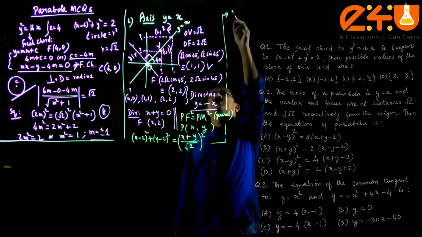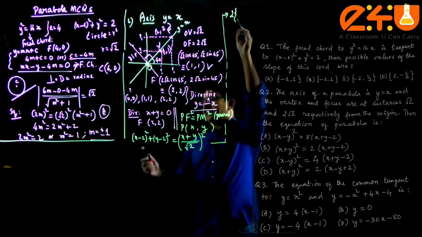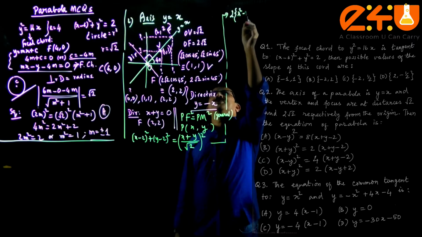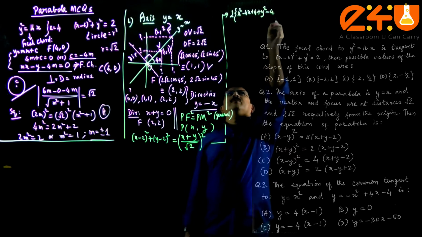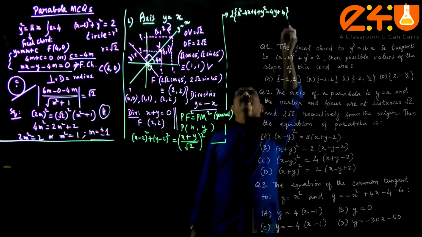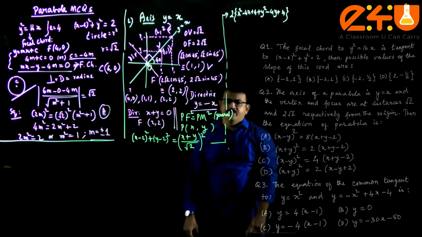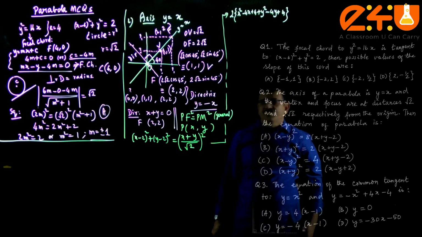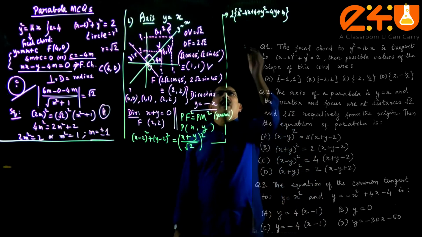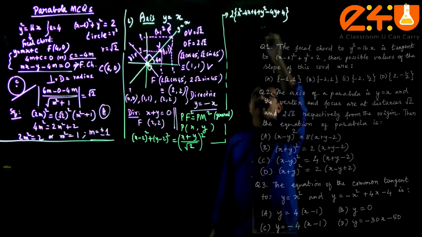So I can get the answer: 2 times of, let me expand the x minus 2 whole squared and y minus 2 whole squared. So what I get is 2 times of x squared minus 4x plus 4 plus y squared minus 4y plus 4. What is the RHS we get?